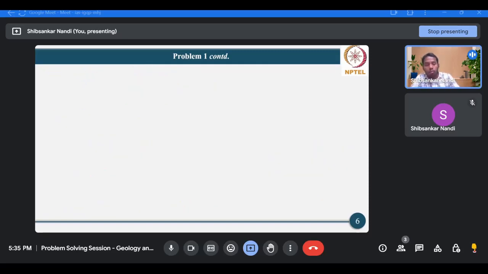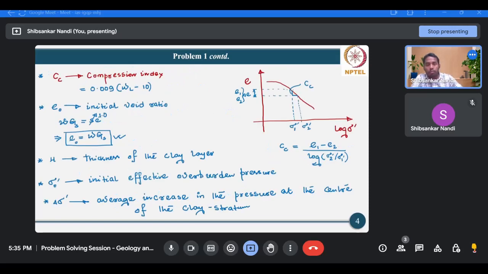Okay, so now I hope all the values of parameters are with us, except this Cc. So Cc will be calculated here. It would be 0.009 into (35 minus 10), so 0.009 into 25, that is 0.225.